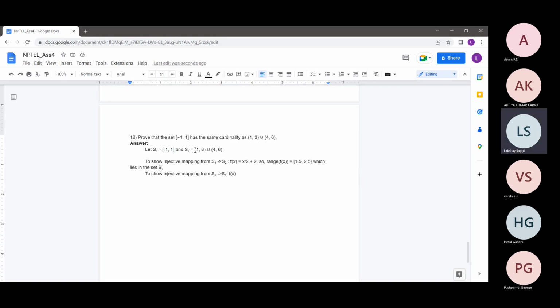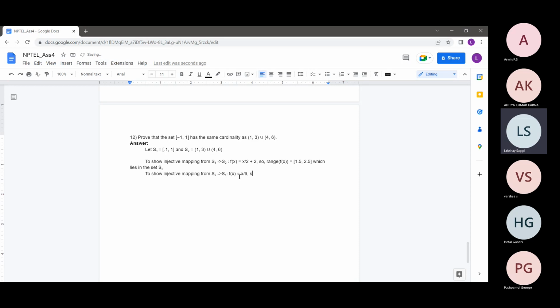These values are quite small. Set S2 would contain values that lie between, let's say, 1 and 6 only. Every element contained in S2 would be between 1 and 6 only, right, guys? So suppose I divide the value, and define a function f of x equals x by 6.